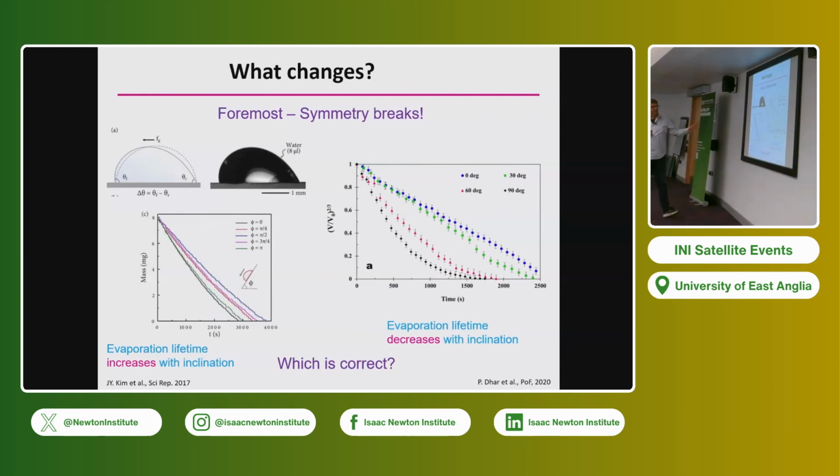So the problem we have with inclined droplets is we don't know what's going on. If you see on the left, people claim that as you increase the inclination angle, the evaporation time or lifetime, or whatever you call it, the phenomenon lasts longer. You go from black to blue. But on the other side, you can see the opposite effect. And then we're wondering, what's really going on?